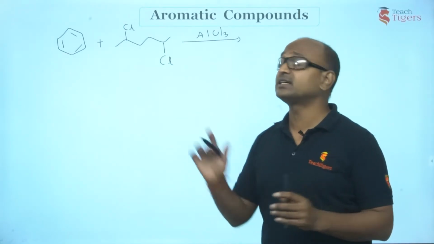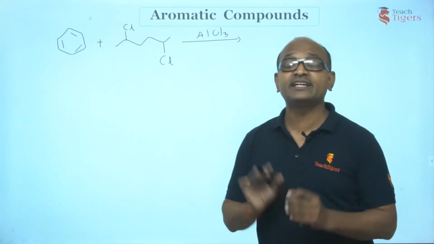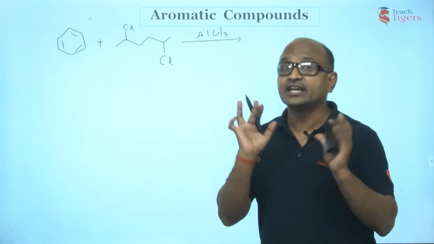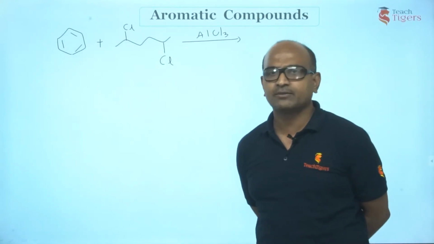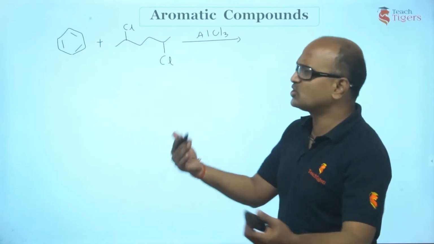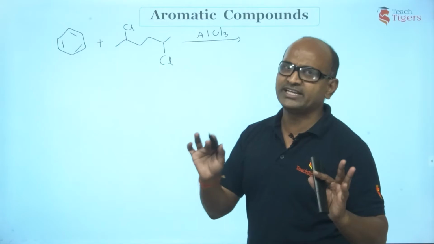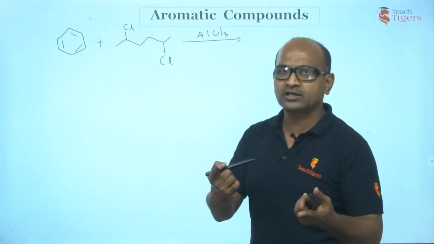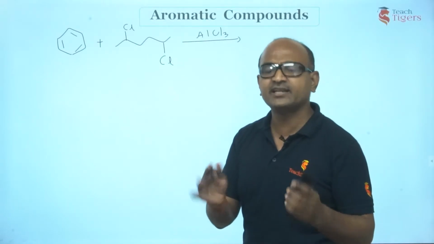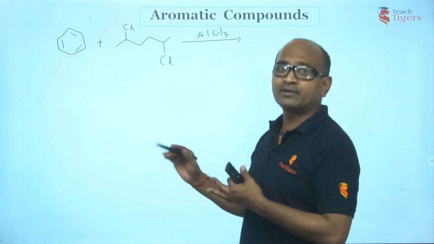Now the first thing is to try to predict the intermediate and check whether there is any rearrangement, because Friedel-Crafts alkylation results in rearrangement of the carbocation. Now this is so simple, but I have been telling you many times, it's always better to letter. I do it. If you are not so much interested in it, you can follow the normal procedure without it.